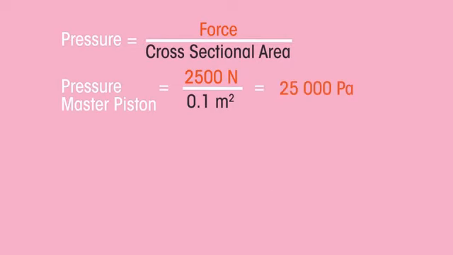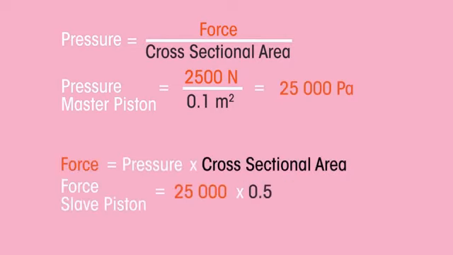And so the force produced by the slave piston is 25,000 times 0.5 meters squared, giving 12,500 newtons. That's a massive increase in force from the original 2,500 newtons applied to the master piston to the 12,500 newtons produced by the slave piston.